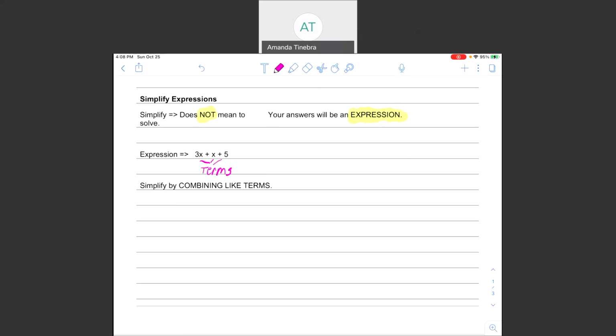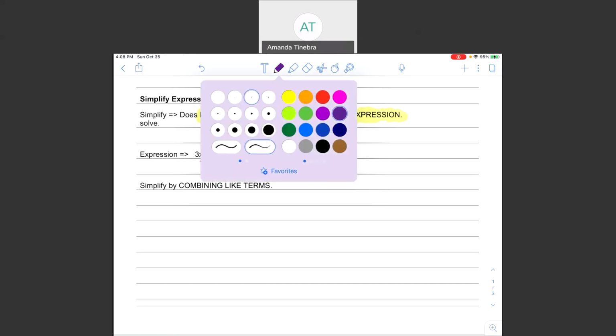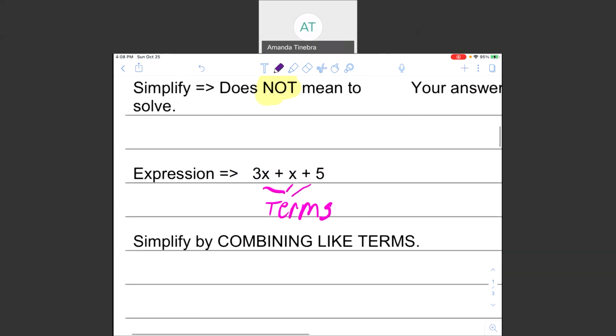Like terms, then, are terms with the exact same variable. So in this case, 3x has the variable x, and x has the variable x. So these two would be known as like terms.